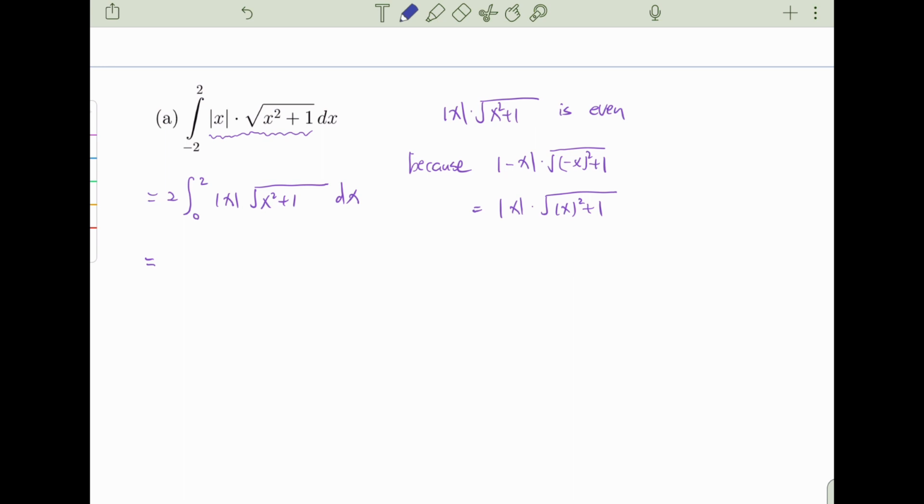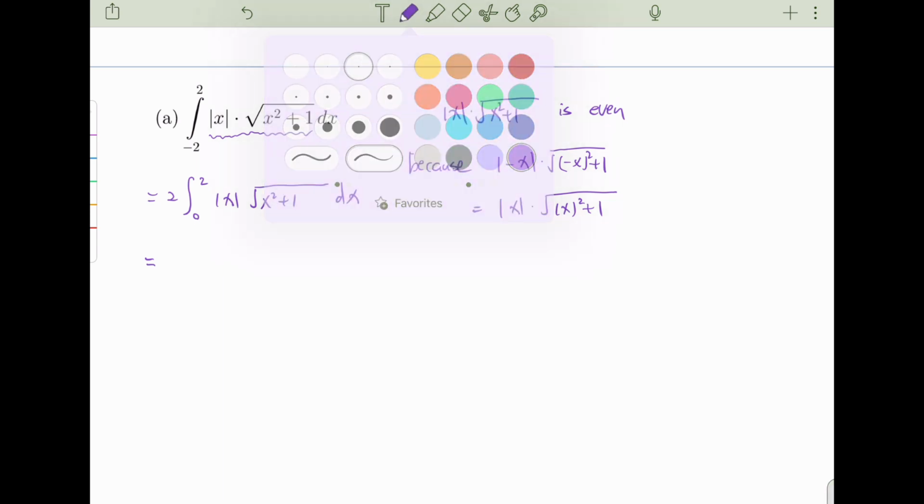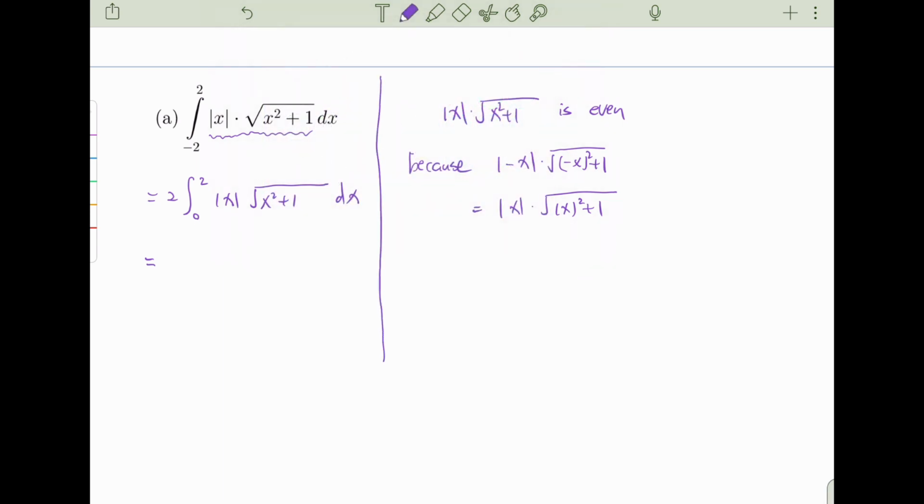So in this situation, x is greater than 0. When x is greater than 0, we can remove the absolute value at no cost, since it becomes x when x is greater than or equal to 0.